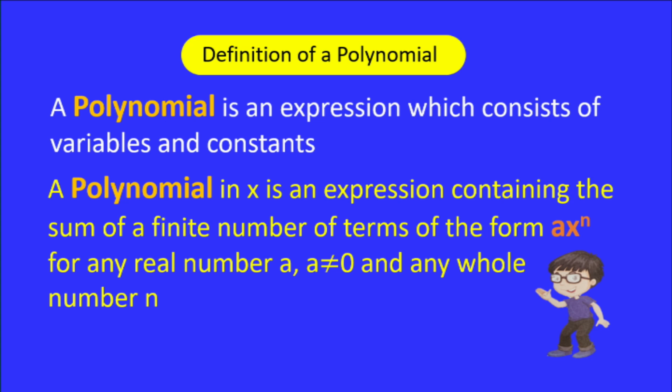Here, a is a coefficient. We can take any real number in the place of a, and n should be a whole number. It should not be negative and it should not be a fraction. So this is the definition of a polynomial.